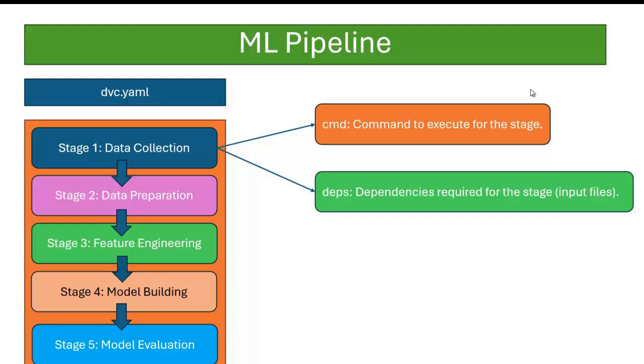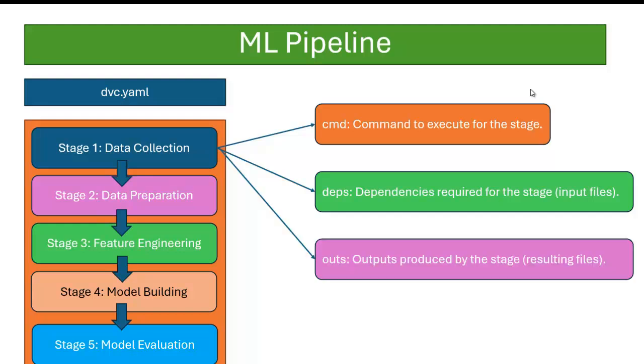Just remember, this dependencies parameter defines the connection between two stages and forms a pipeline, right? This is how DVC establishes connections between different stages of a pipeline using this dependencies parameter, ensuring that the output of one stage can be used as an input for the next stage. And third, outs, outputs produced by this particular stage, means resulting files.